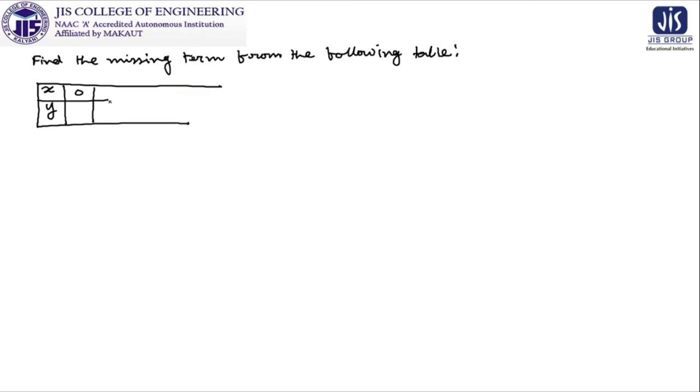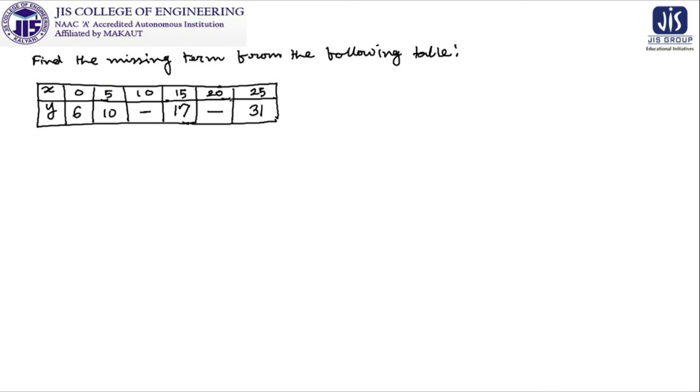Zero, 5, 10, 15, 20 and 25, and the corresponding functional values we have are 6, then 10, it is not known to us, it is 17, then again another term is missing and it is 31.